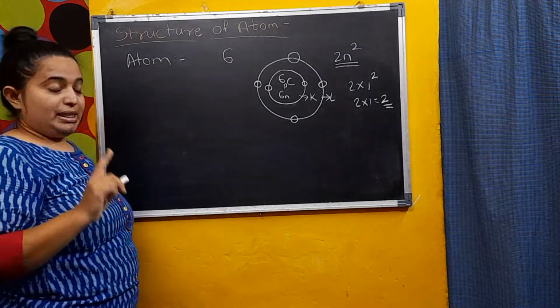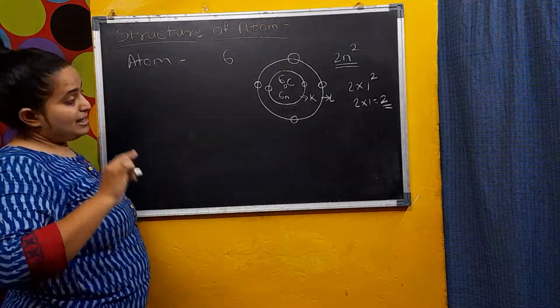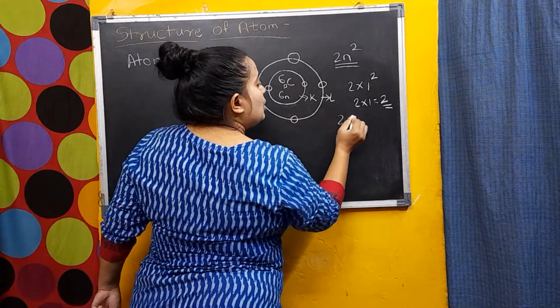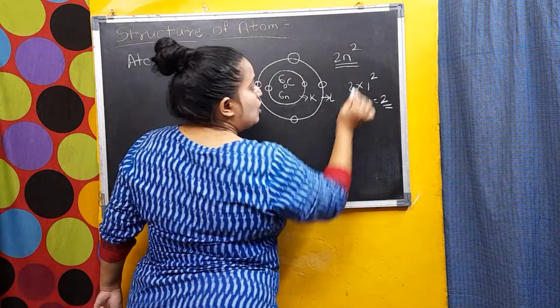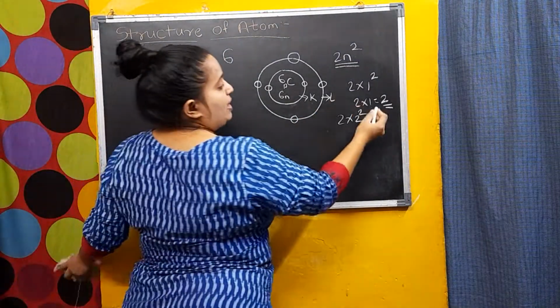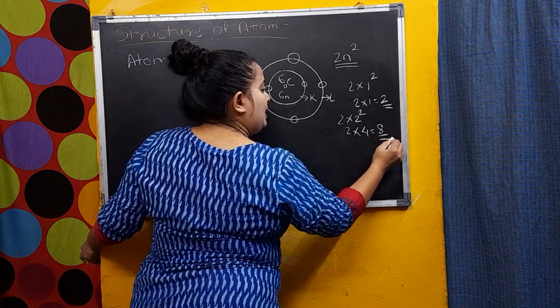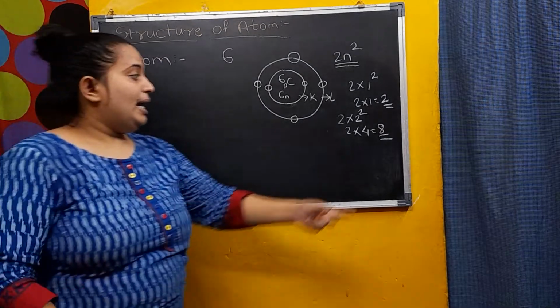So on the first shell, that means the K shell, there will be 2 electrons. On the L shell, the second shell, it is 2 into 2 squared. In place of n we write 2. That is 2 squared, which is 4, so 2 into 4 is 8 electrons. So there can be 8 electrons.